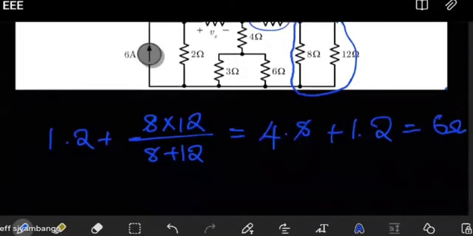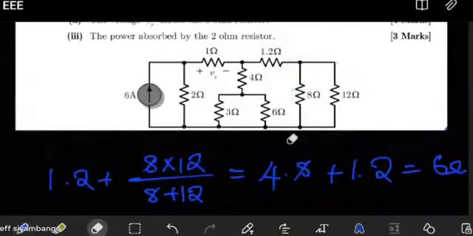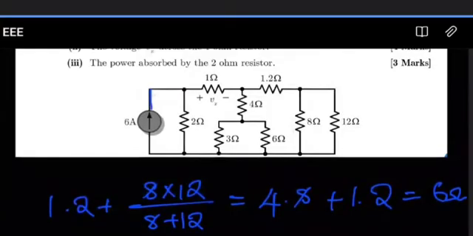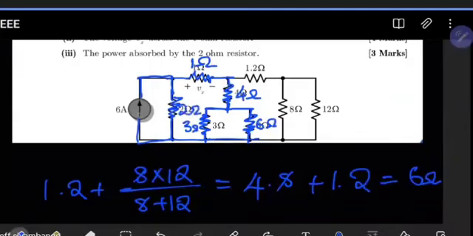To give you an idea of how the circuit now looks, we have the current source this side, and the resistors: 1 ohm, 4 ohms, 6 ohms, 3 ohms, 2 ohms, and 6 amps.